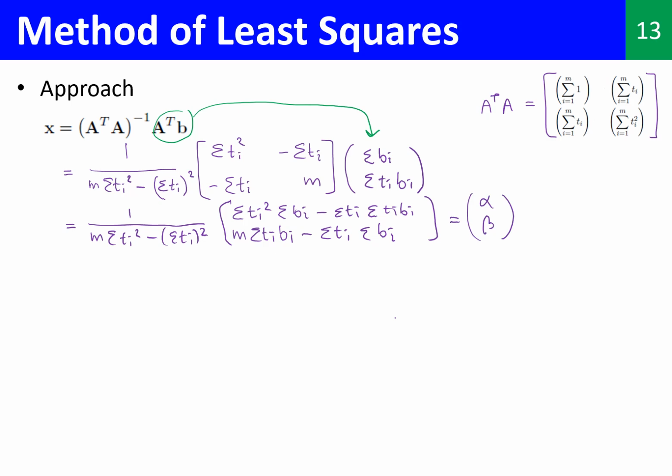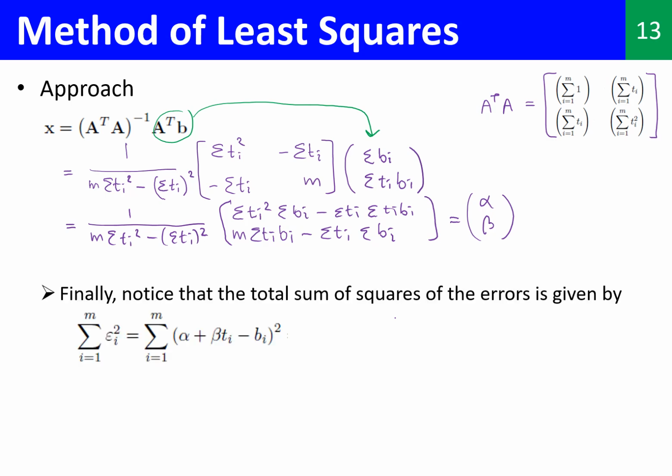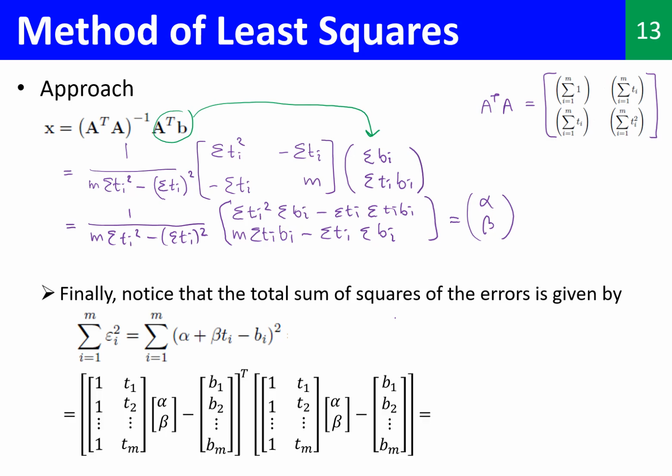So finally we can also find the total sum of squares of the errors, which is given by this equation here, right? So again, that would be actually equal to this guy, right?